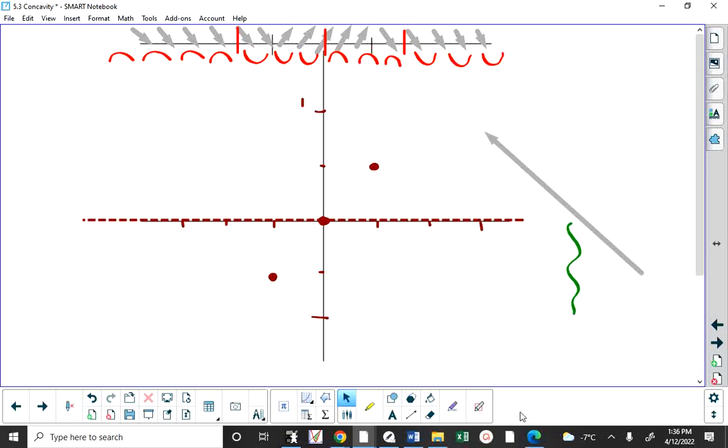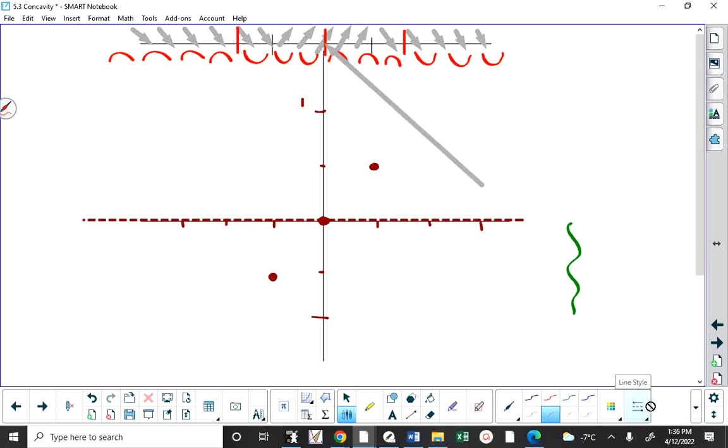Oh, and we also have inflection points, don't we? We have an inflection point at -√3, comma, -√3 over 4. And -√3 over 4 is approximately 0.42, -0.43. So over here at -√3, I have an inflection point at negative about 0.43.